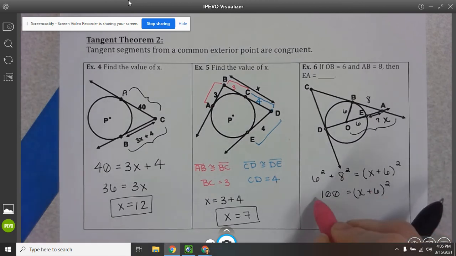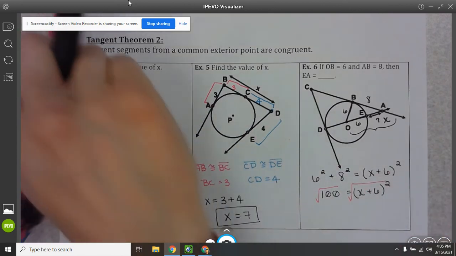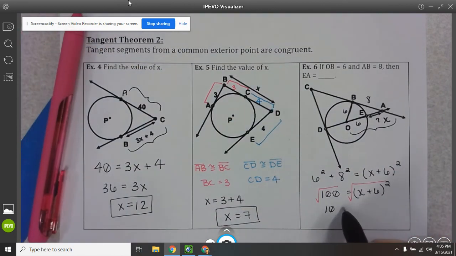And then I'm going to take the square root. So 10 is x plus 6. So here x is 4.